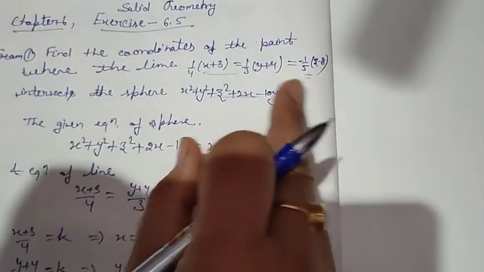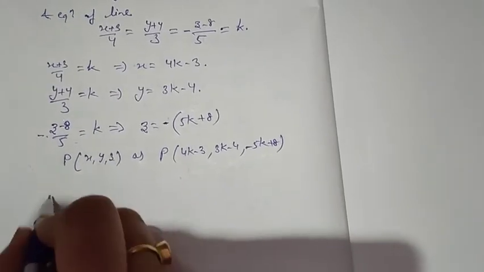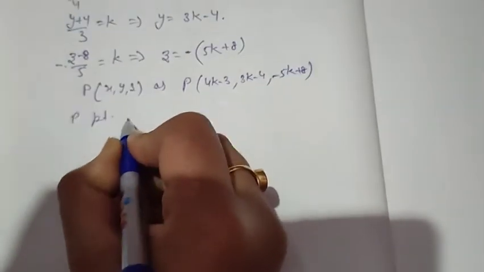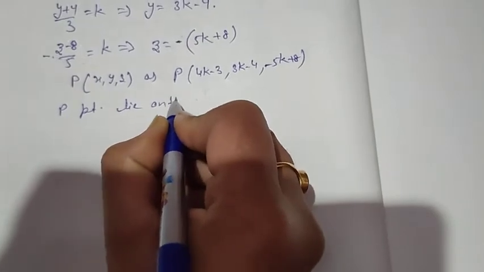This straight line intersects the sphere, so this point P lies on the sphere.